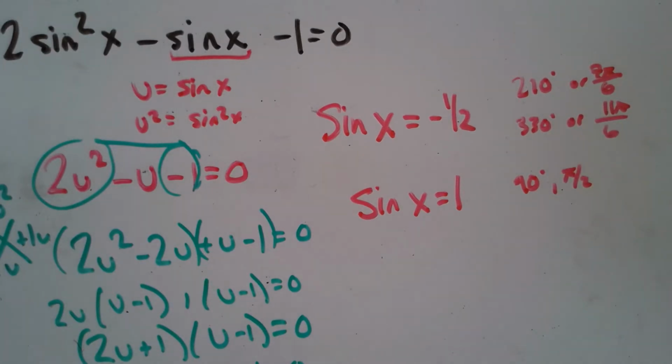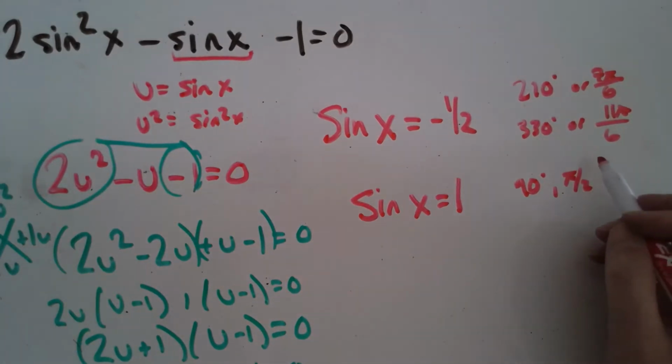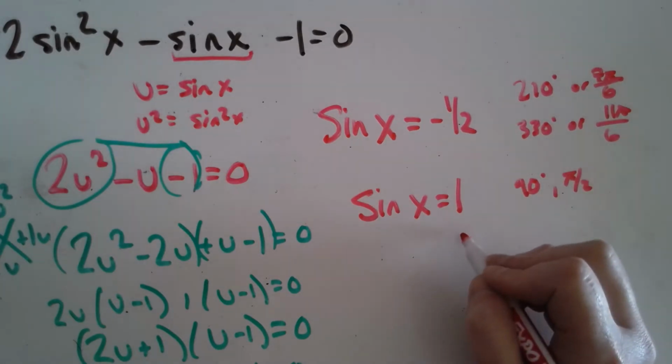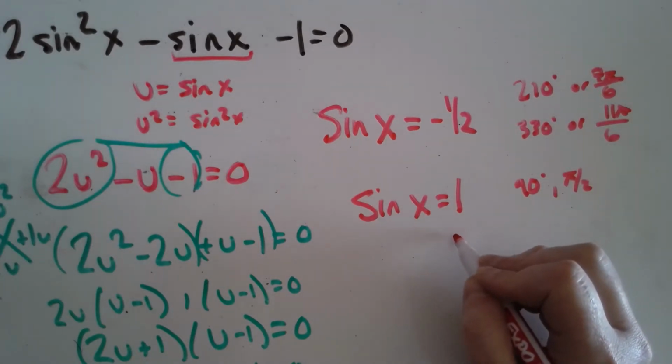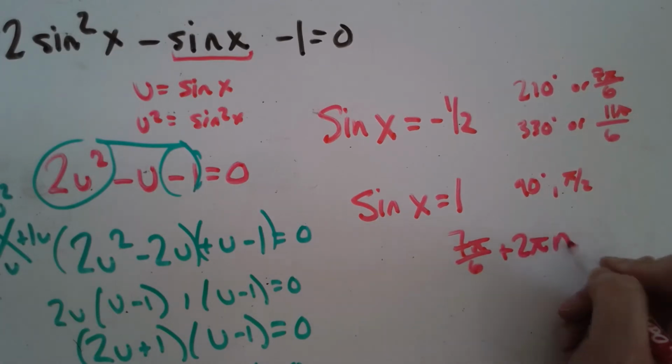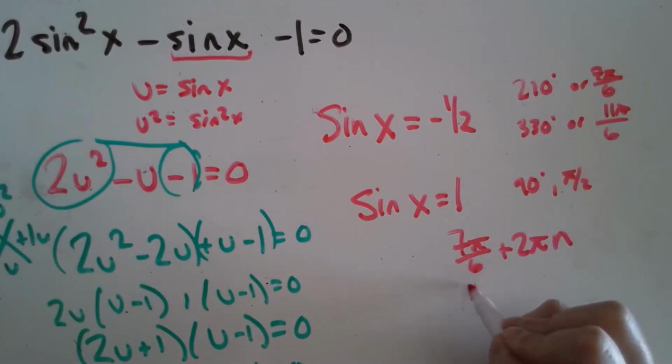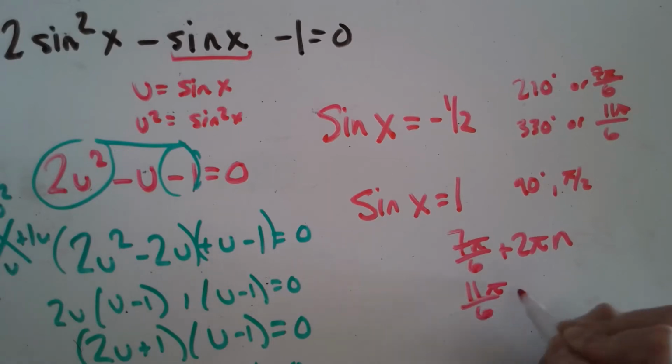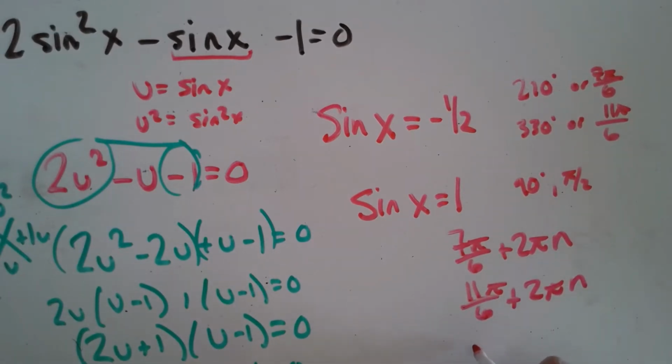Okay, so our answer is going to be, I'm going to do it in radians: 7 pi over 6 plus 2 pi n, 11 pi over 6 plus 2 pi n, and pi halves plus 2 pi n. So that one had 3 answers.